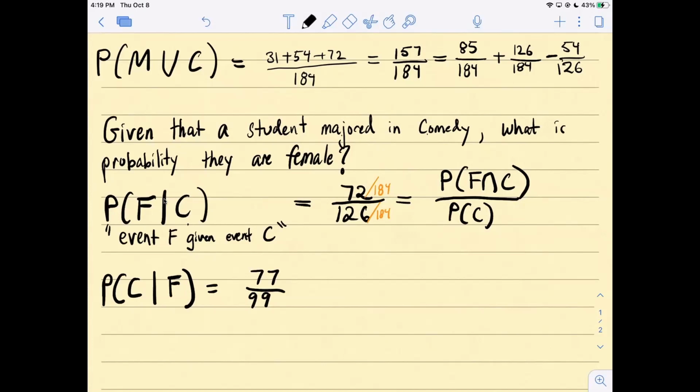And I'll write here, this is still probability of female and comedy divided by, but this time it's probability of female. Okay. Any questions so far? Oh, sorry. It's not 77, it's 72. Thank you. Good catch.